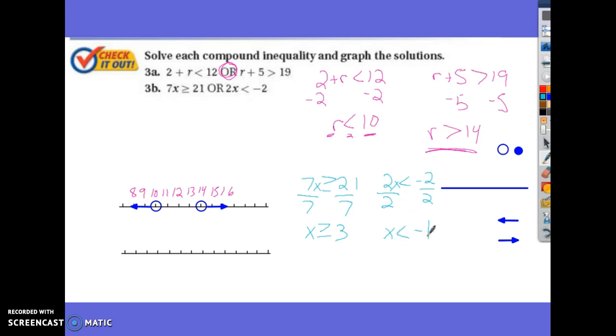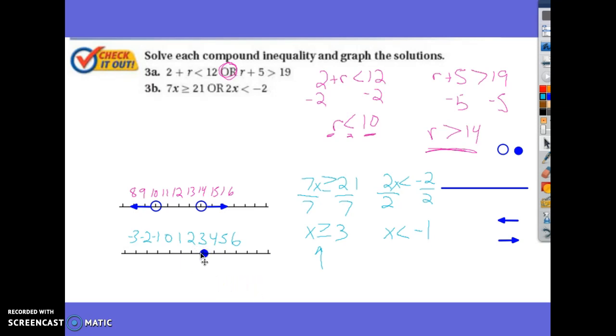So I'm going to graph the first one. As indicated by my sign, I have a closed circle. Oops, I forgot to label my graph first. Let me do that. -3, -2, -1, 0, 1, 2, 3, 4, 5, 6. That should be enough. I'm going to put a closed circle on my +3.